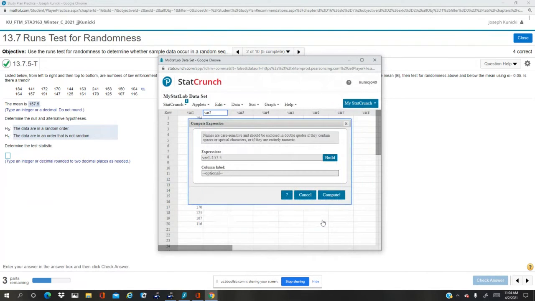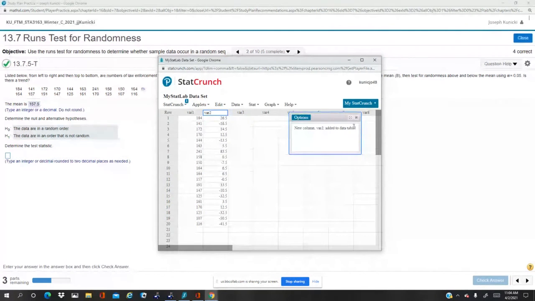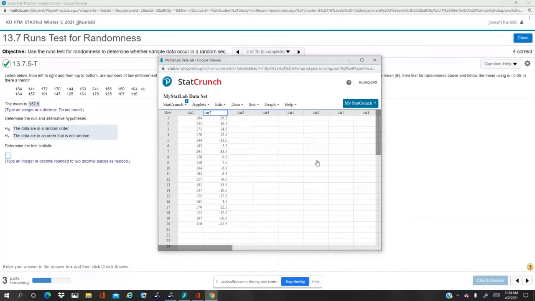Hit OK, and then put it in variable 2, compute. So variable 2 now contains the positives and negatives. Positive is above, negatives below.